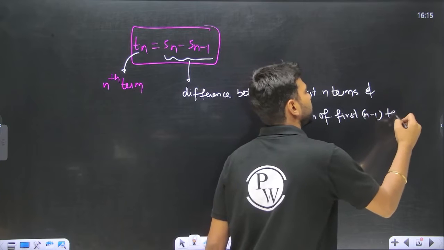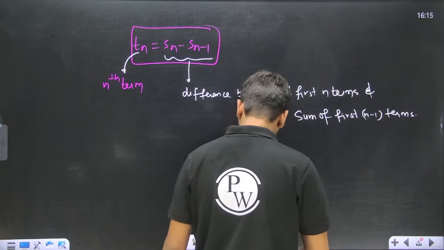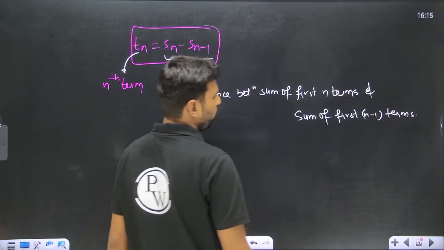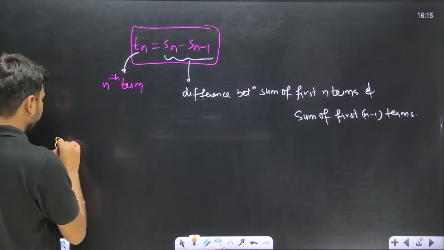So that is equal to Sn minus Sn minus 1, that is equal to Tn. Okay, let me tell you an example based on this.